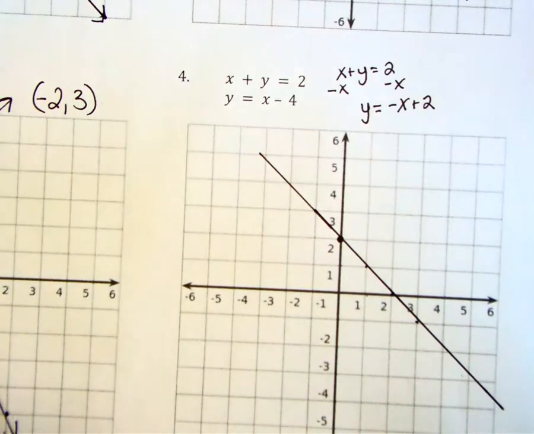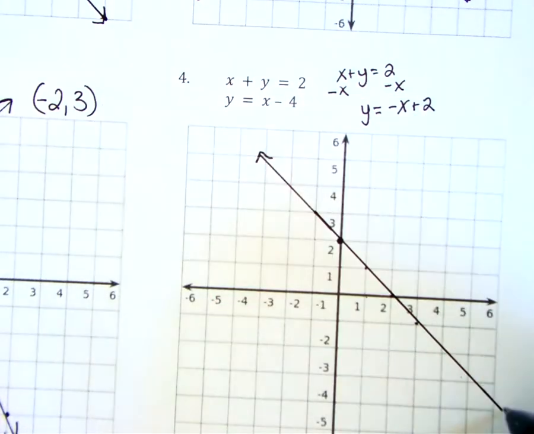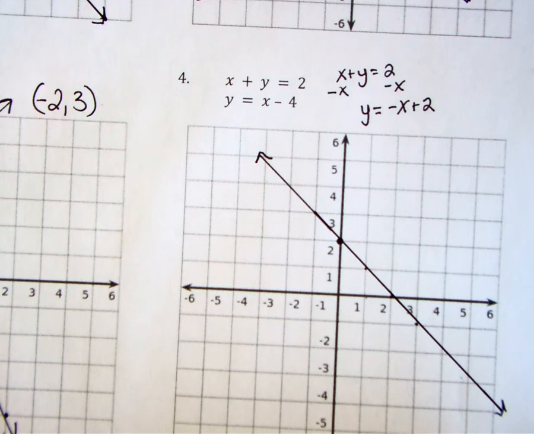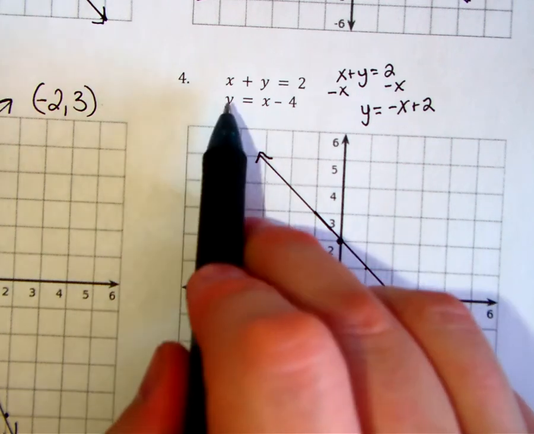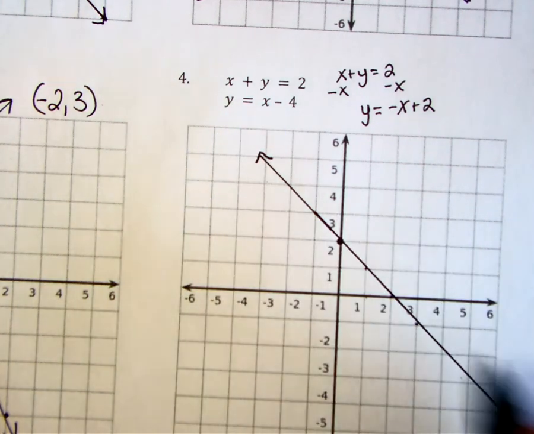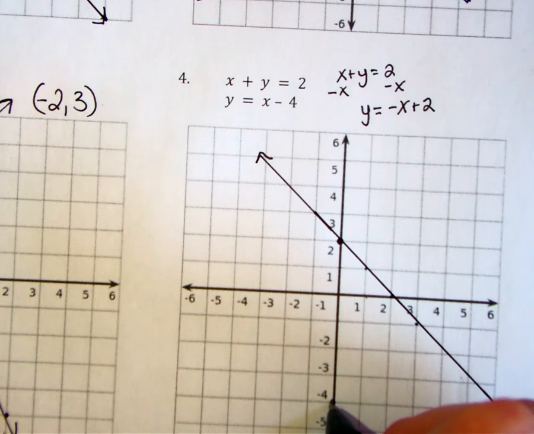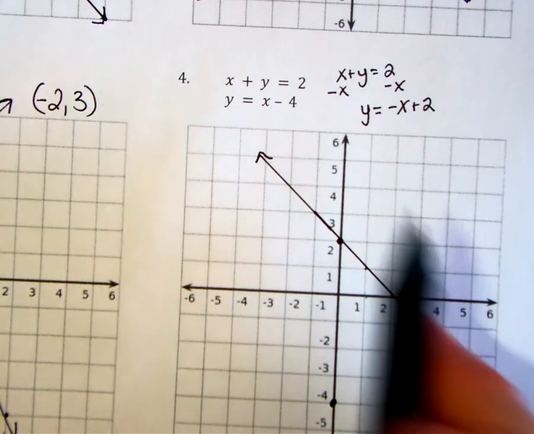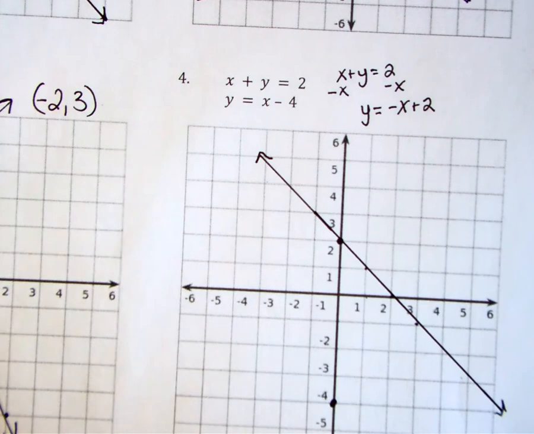Oh. Looks like I missed that ordered pair just slightly, but that is all right. We will still be okay. All right, our next equation, y equals x minus 4. My y-intercept is down here at negative 4, and I'm going to have a positive 1 slope.